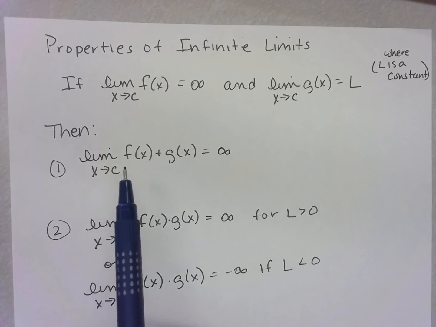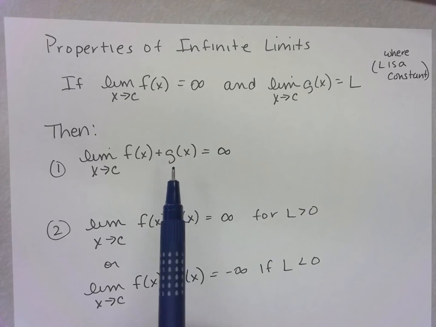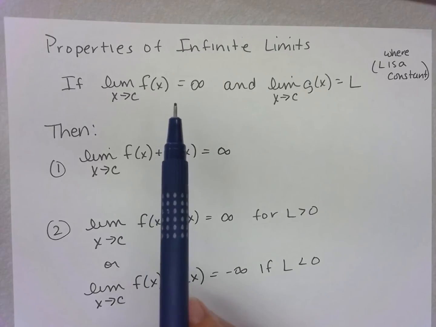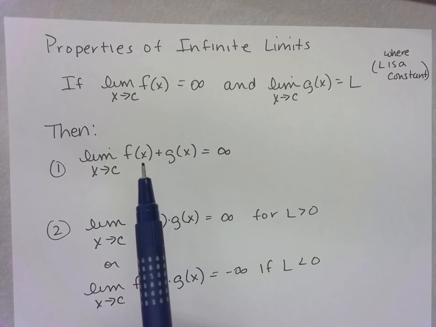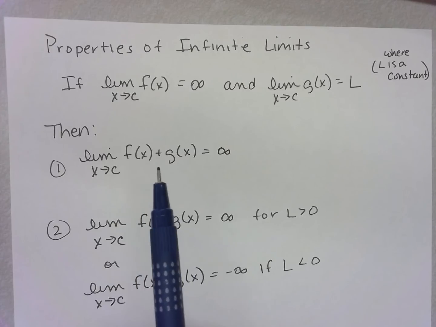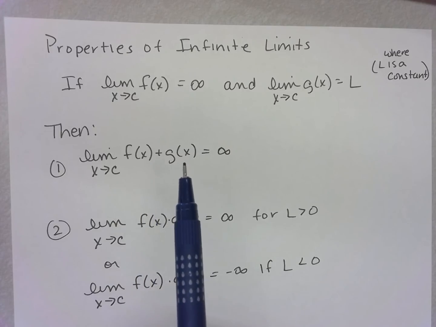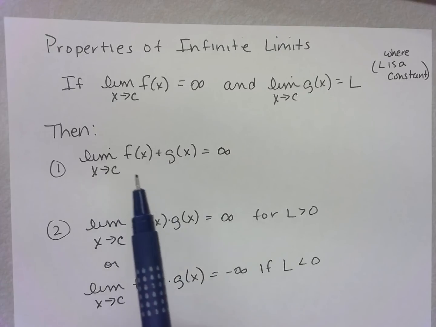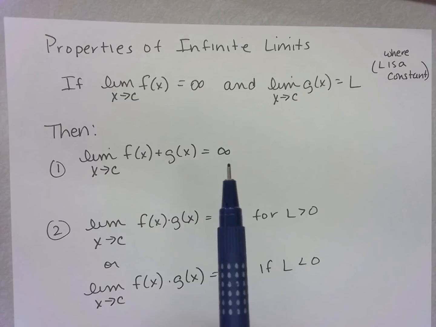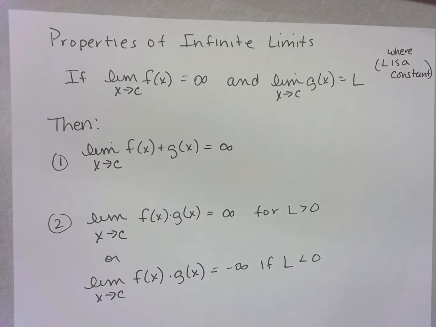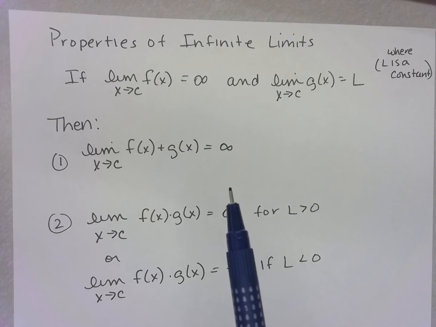If I add f plus g together, and the limit of f is infinity and the limit of g is L, then infinity is like this huge number, I can't put my finger on it, it's so big. But if I add L to it, that just makes my infinity even bigger. So a constant just gets swallowed essentially by infinity. And so we say that a number plus infinity gives infinity back.